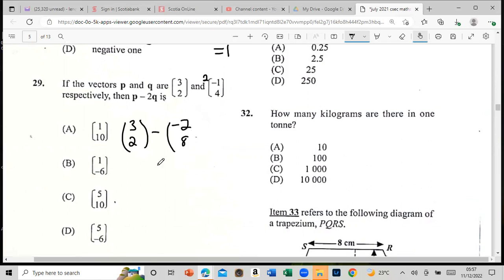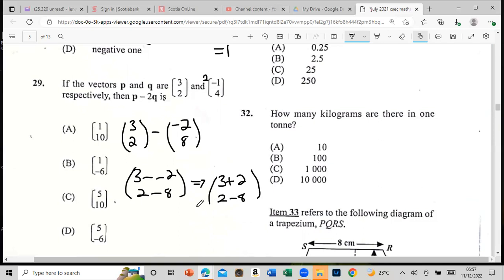Group them now, top to top: 3 minus negative 2 and 2 minus 8. We can further simplify: 3 plus 2 and 2 minus 8. That gives us 3 plus 2 is 5, and 2 minus 8 is negative 6. So that will be D.